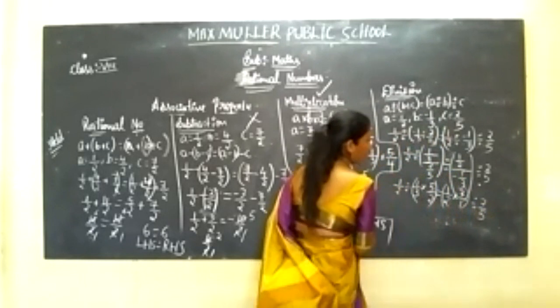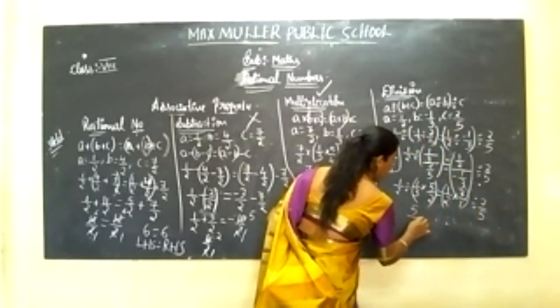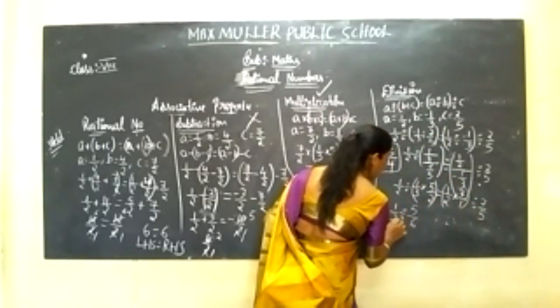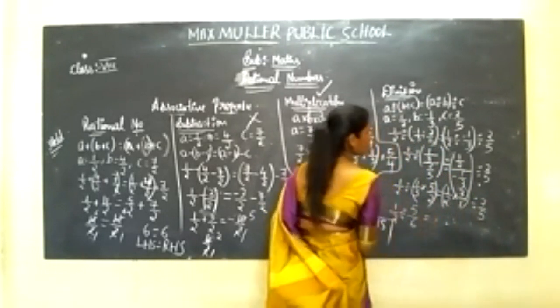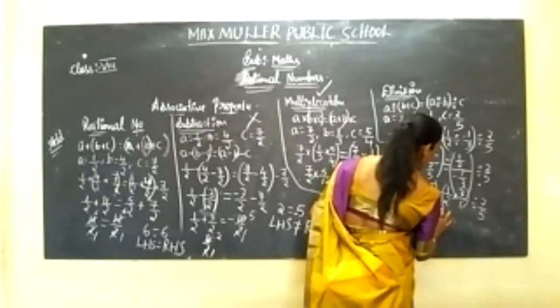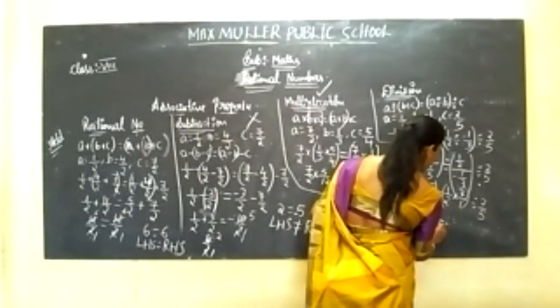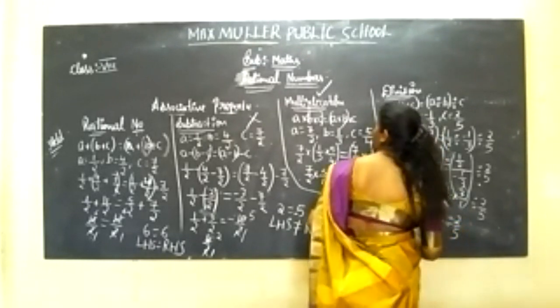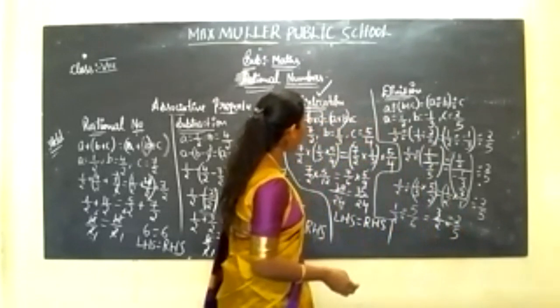So here what it becomes, 5 ones are 5, 3 twos are 6, 1 by 2. Here 3 ones are 3, 2 ones are 2 divided by 2 by 5.